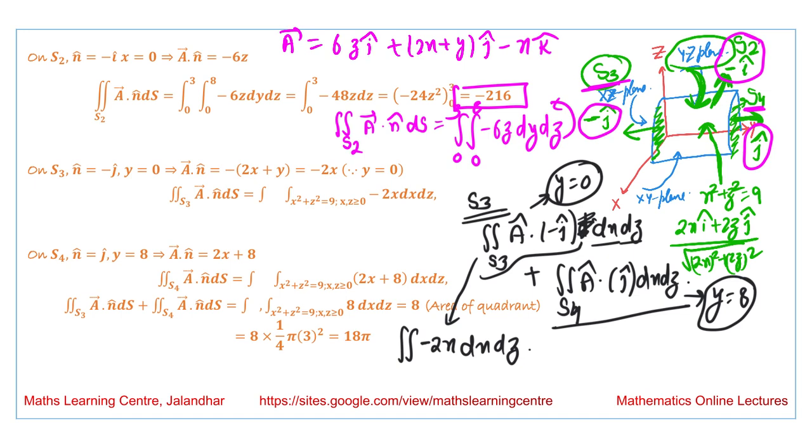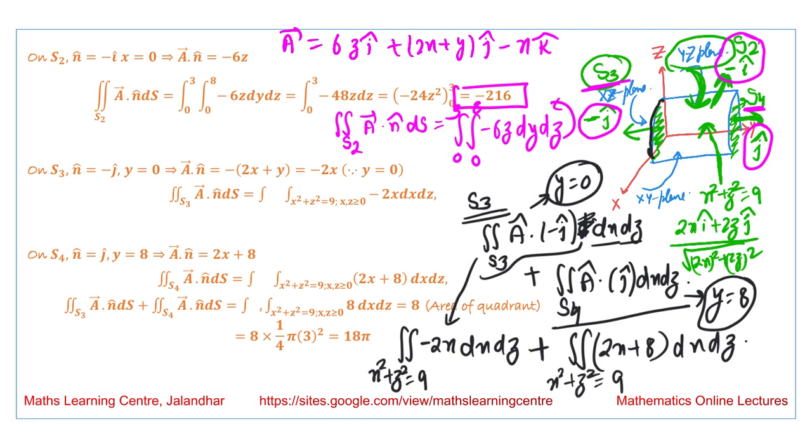This is the integral over S3, and this S3 is basically the circle x square plus z square equal to 9. Then we have plus the double integral of A vector dot j cap, which is 2x plus y. Now the value of y is 8, so it is (2x plus 8) into dx dz, and the limits again in this case are x square plus z square equal to 9.